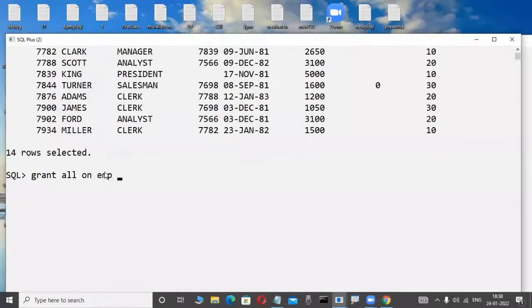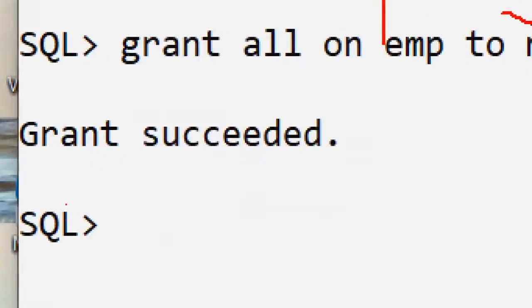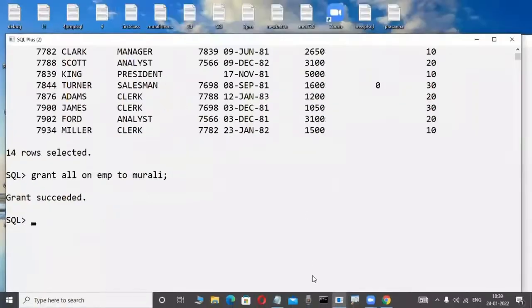Now check it out. They are giving some permission, for example. Observe here: they are granting this table to the Murali employee, and the message 'Grant succeeded' is displayed. You will also be familiar with these things in future. Okay, fine.